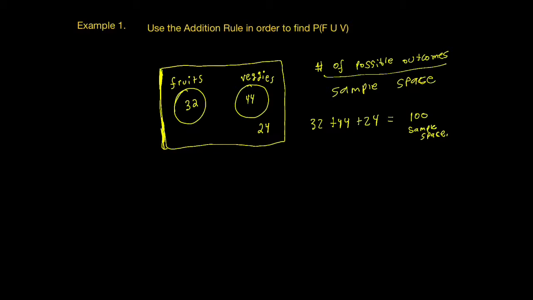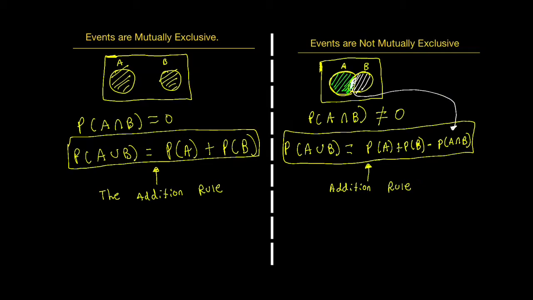So here we're trying to get the probability of F or V, and we see here that there is no intersection. If we look back at our notes, we can see that that's an example of two events that are mutually exclusive. So to calculate the probability of an or problem, we can simply do so by adding both probabilities together.